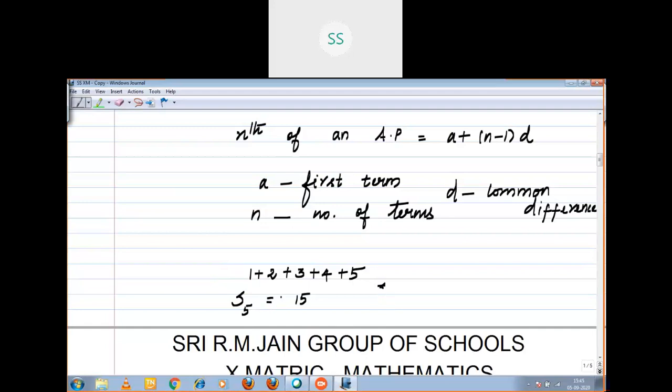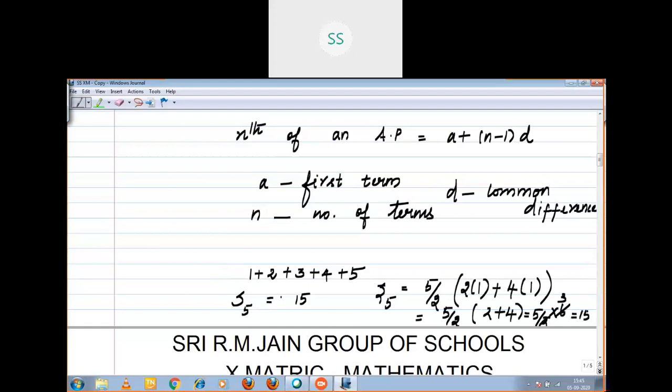S5 equal to 5 by 2 into, what is your a? a is 1. What is your d? Any idea? d is 1, because second term minus first term. Now what can you get? 5 by 2 into 2 plus 4, 5 by 2 into 6. 2 3s are 6, which is equal to 15.